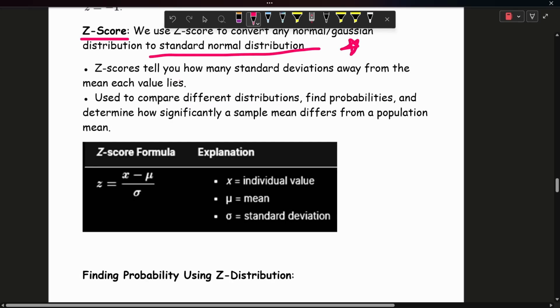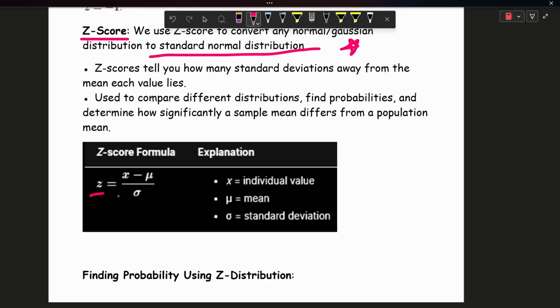The z-score tells you how many standard deviations away from the mean each value lies. So this x is the value, and the z-score tells us how many standard deviations away the value is from the mean.